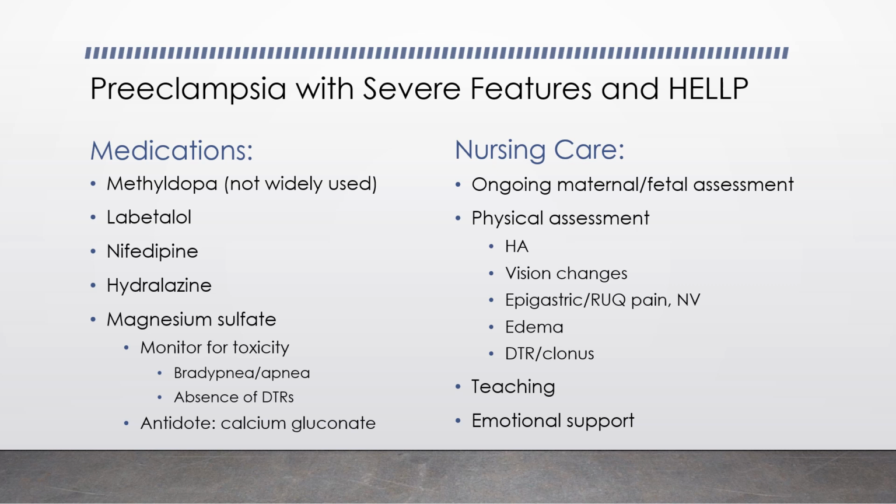So stop the infusion. Many times in the order set for magnesium sulfate is an order for calcium gluconate to be given if needed for magnesium toxicity. After you shut off the MAG infusion, you'd want to contact the provider, let them know what's going on, and then if they want the calcium gluconate given, you would give it.